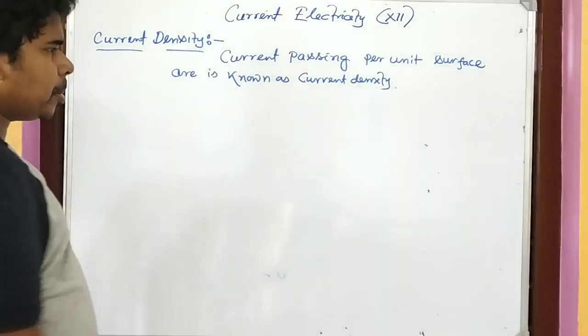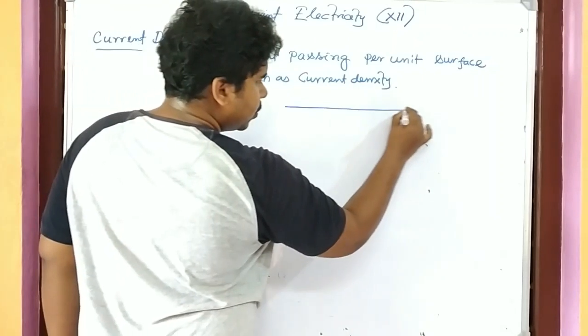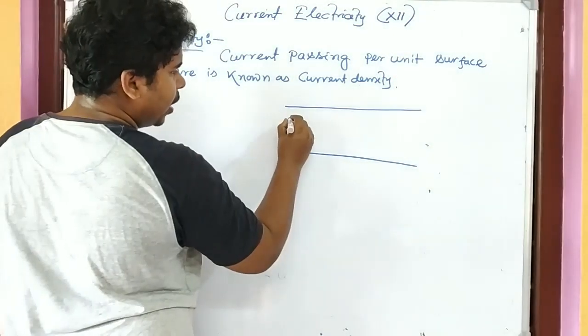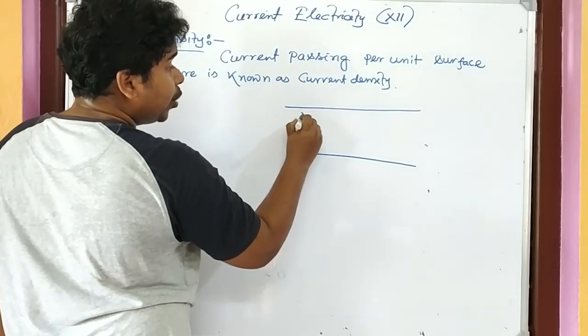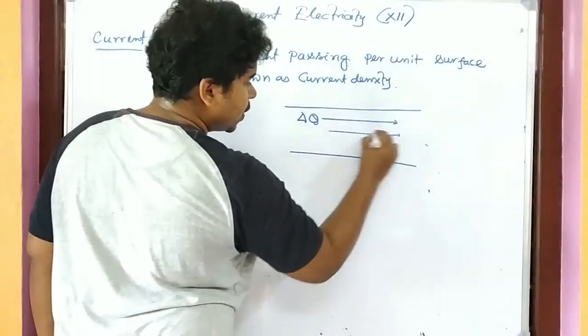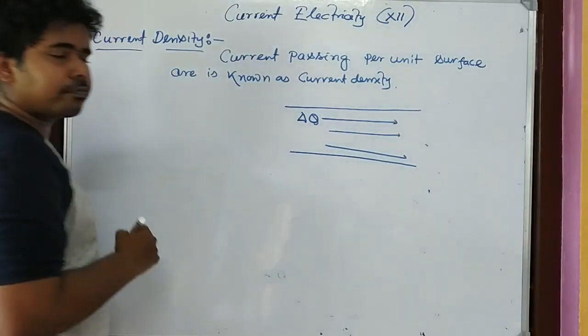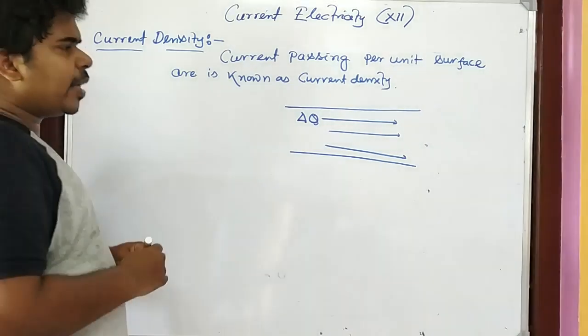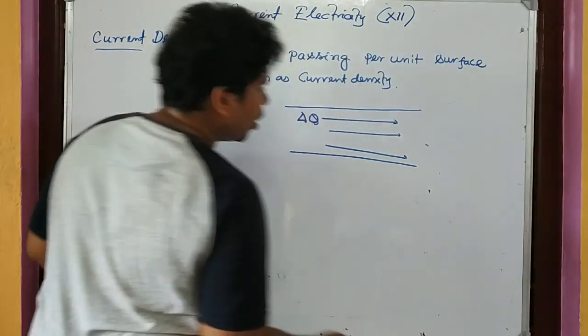What does it mean? Assume it is a conductor, and the current is passing, del Q amount of charge is passing through this conductor. In this conductor, there is an area of cross section they are passing.